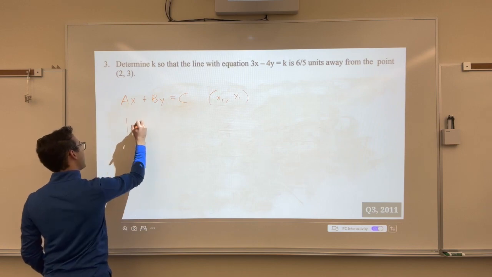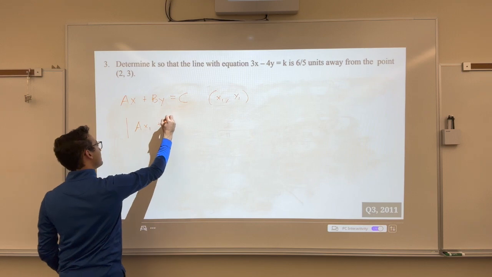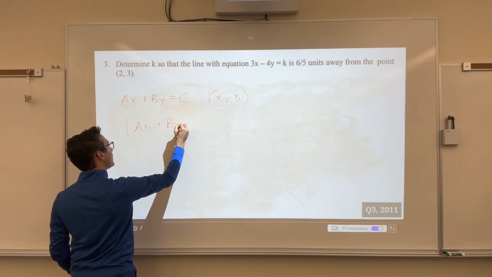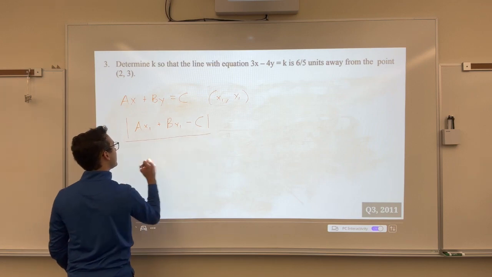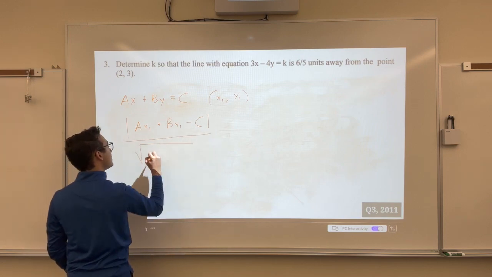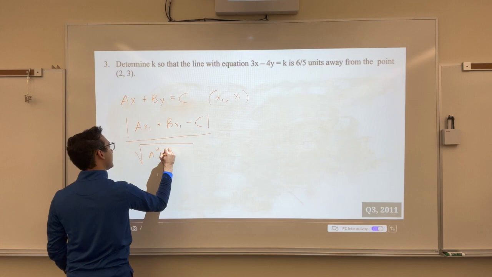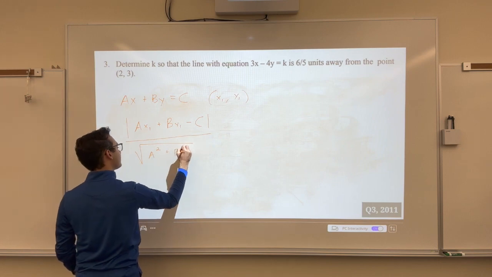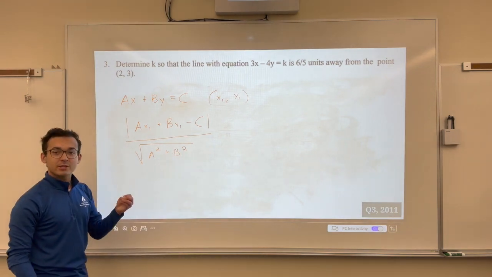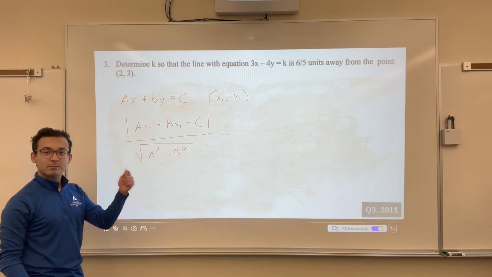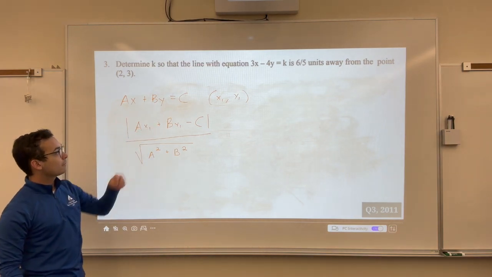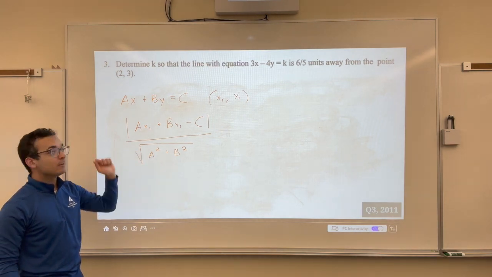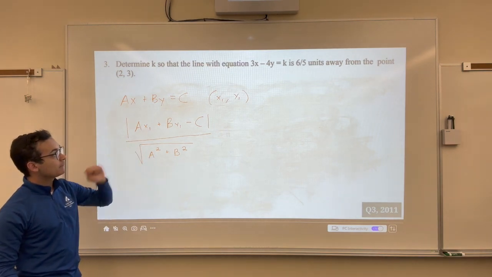The absolute value of a times x sub 1 plus b times y sub 1 minus c all over the square root of a squared plus b squared. Again, this equation is to find the distance between a point and a line when that line is in standard form. Knowing this equation, we can apply it to this problem.